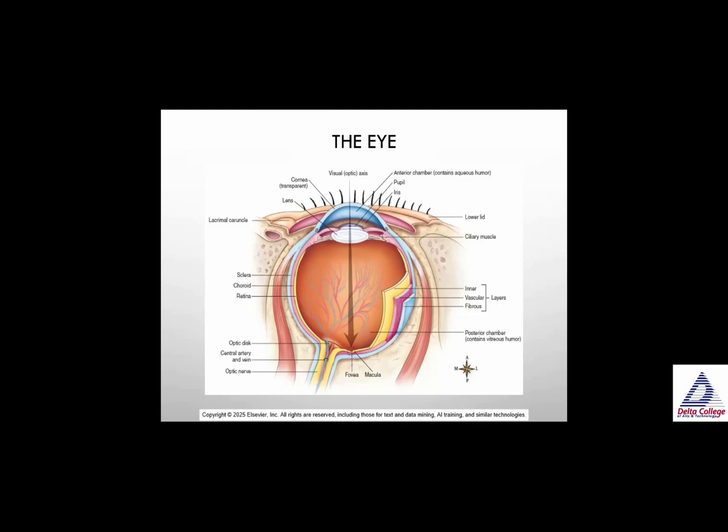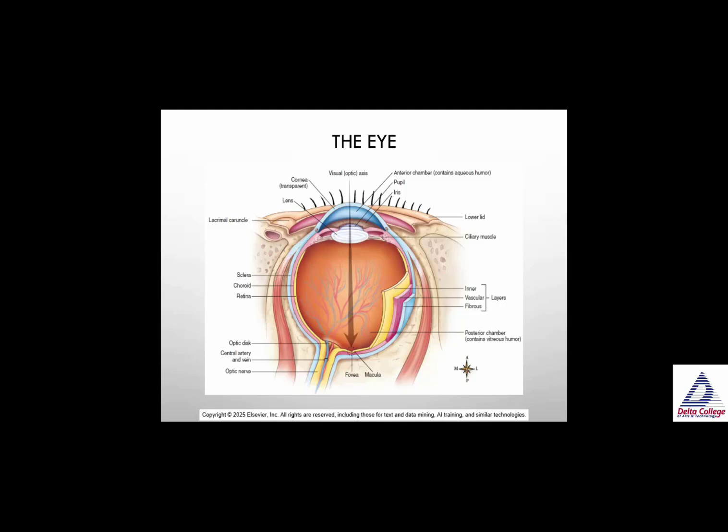If you'll notice, there's only 3 layers of the eye. We have the inner layer, the vascular layer, and the fibrous layer. We're going to go on and talk more about the posterior and anterior chambers. The anterior chamber has aqueous humor, which is a fluid, and the posterior chamber has the vitreous humor.